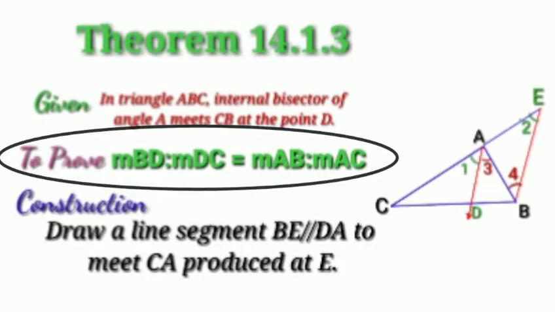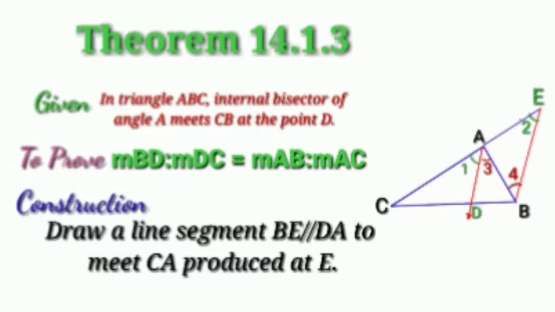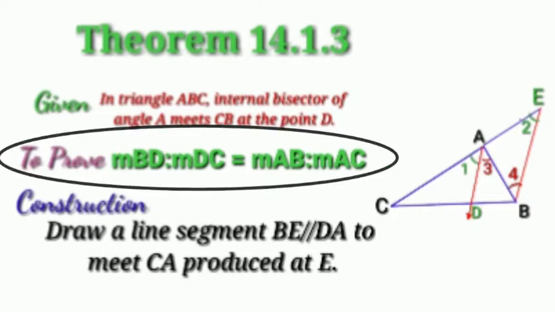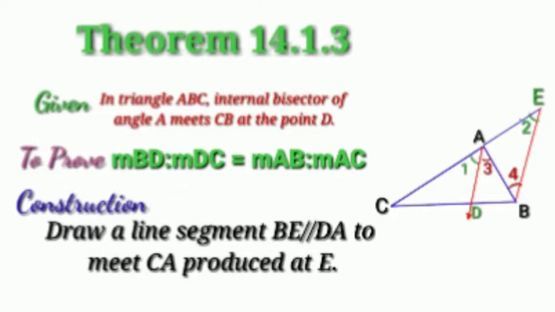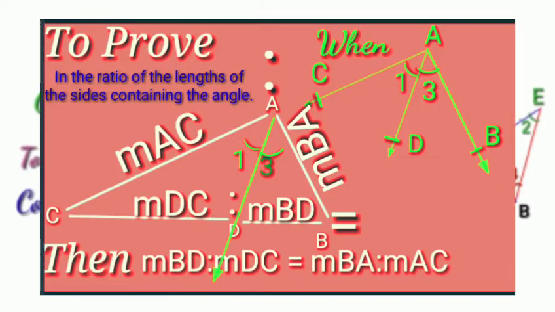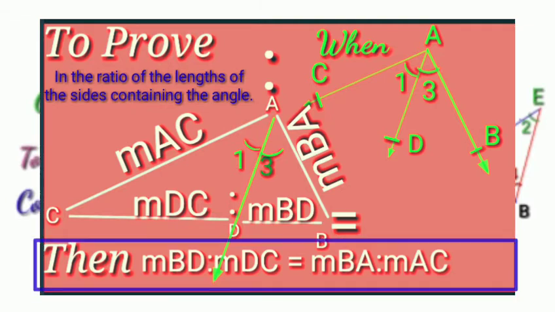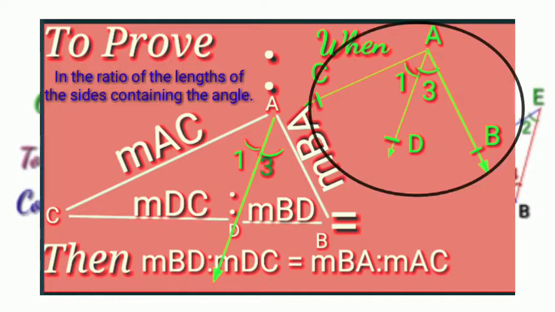Measure BD ratio measure DC is equal to measure AB ratio measure AC. We have to prove measure BD ratio measure DC equal to measure AB ratio measure AC.